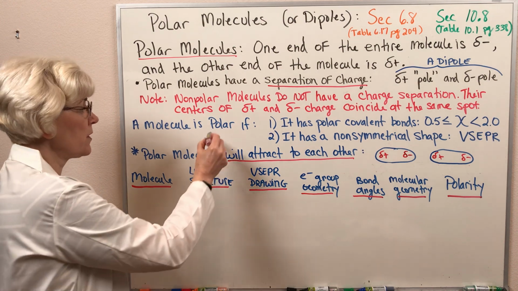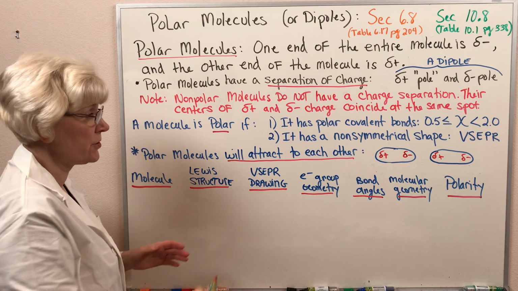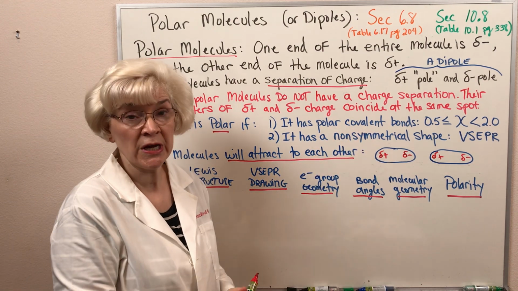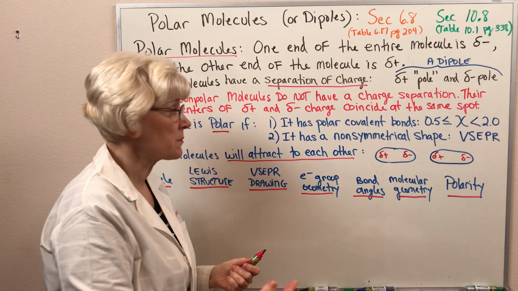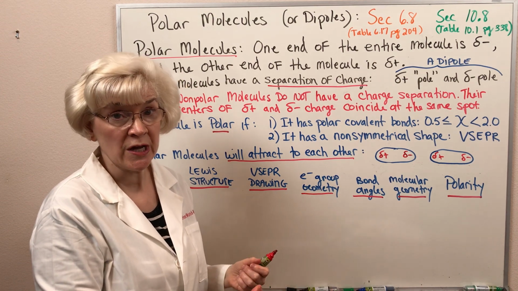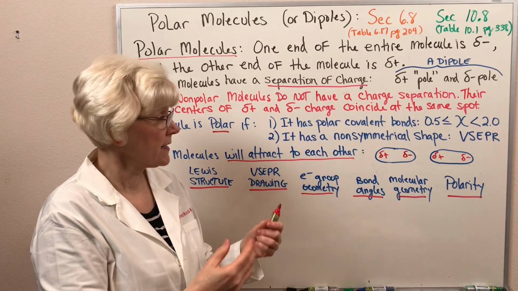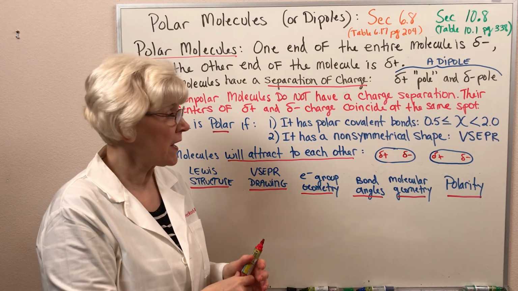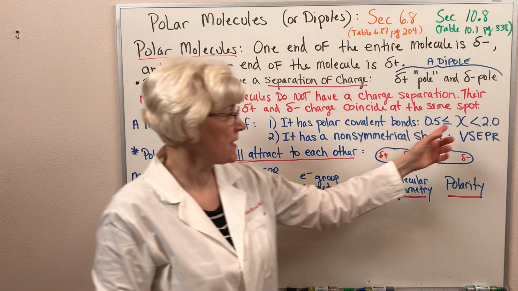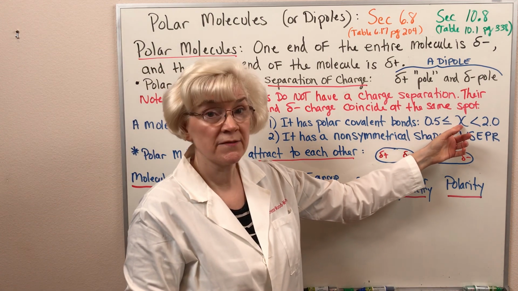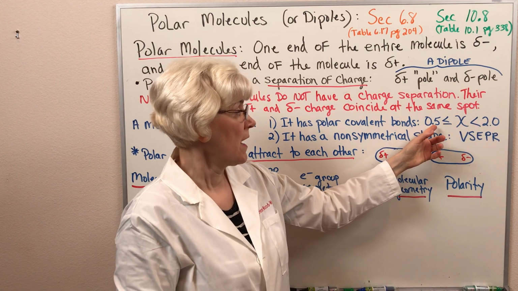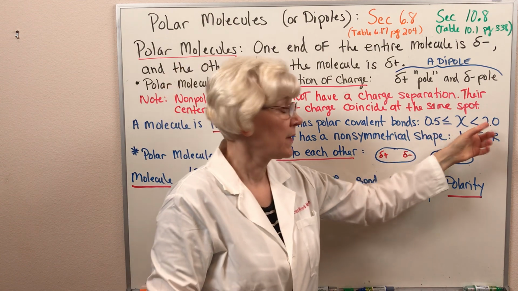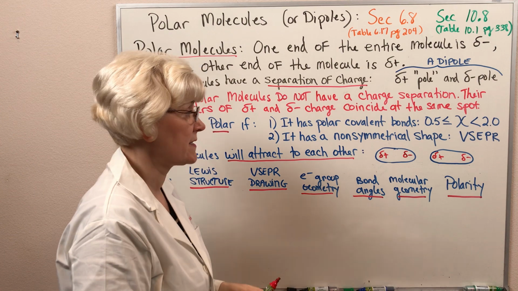A molecule will be polar if it meets two criteria. It contains polar covalent bonds. Now, we just explored the idea of polar covalent bonds. You have to look at the electronegativities of atoms involved in a bonding arrangement and see if the difference in electronegativity falls in the range of being at least 0.5 or greater, but less than 2.0.